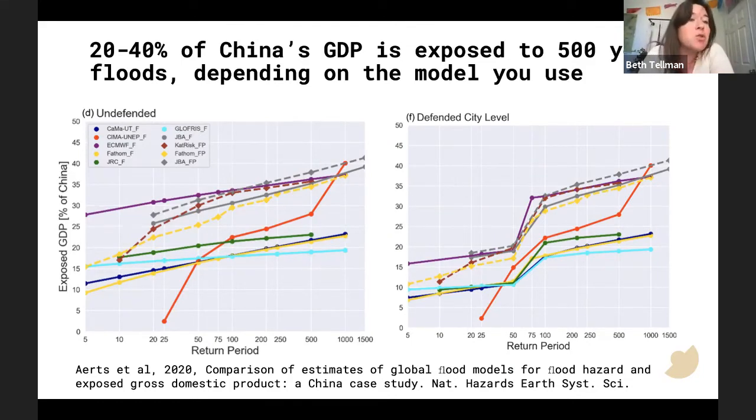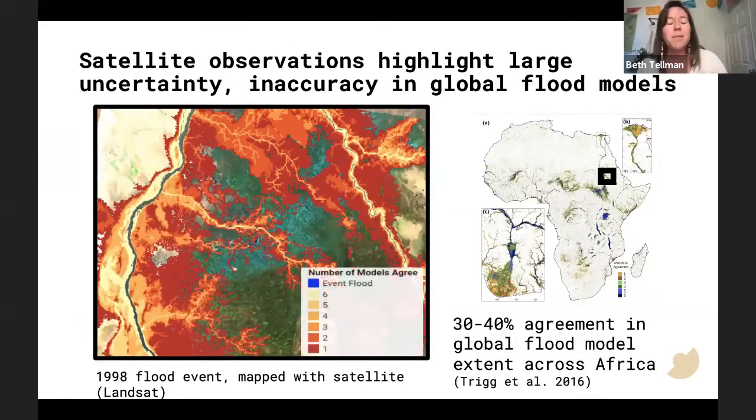And depending on which one you use, either 20 or 40% of China's GDP is exposed to the 500-year flood. So that's a massive difference in distribution. So again, echoes from Kit's presentation: what data set you use might really affect your answer of who's affected and where by a hazard. And we need to think through those issues.